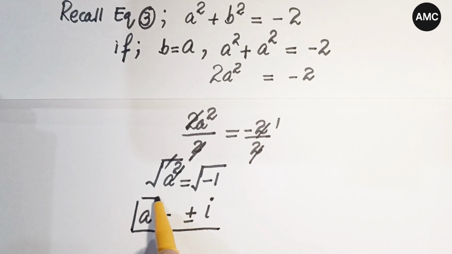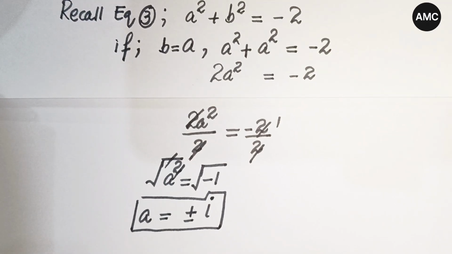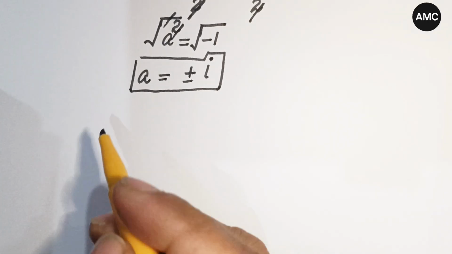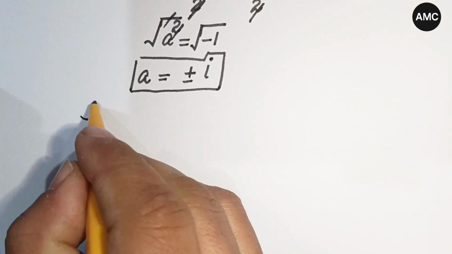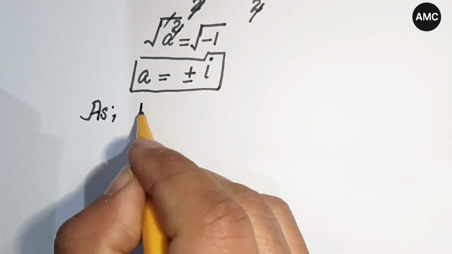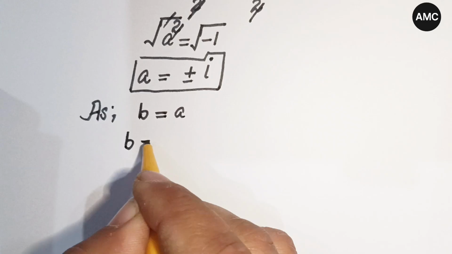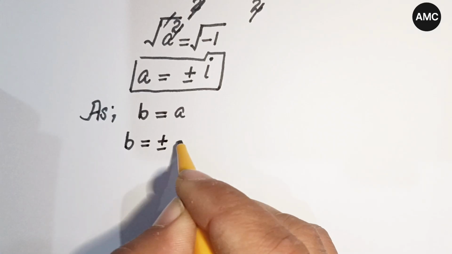Similarly, we have to find the value of b, so we know that from this one we have b is equal to a. Now as b is equal to a, and a is equal to plus minus i, then b is also equal to plus minus i.